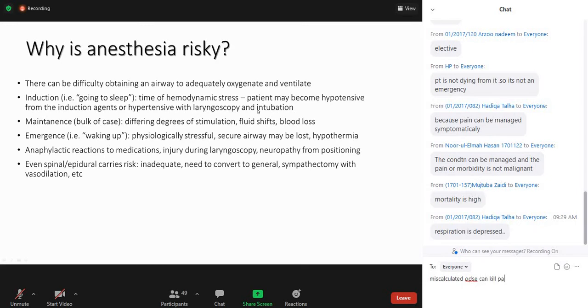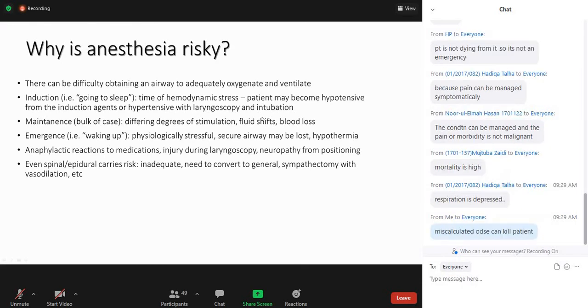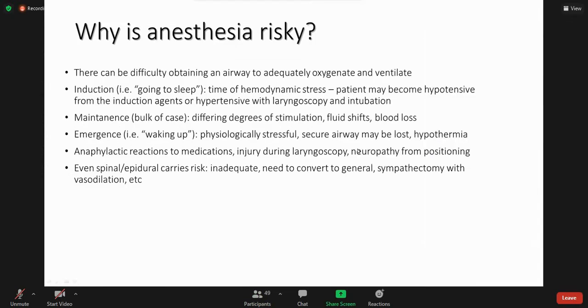Yes, respiration is depressed, and we depress the respiration by giving certain medications. Miscalculated doses can kill the patient. Good, very good. Respiratory depression. Yes.